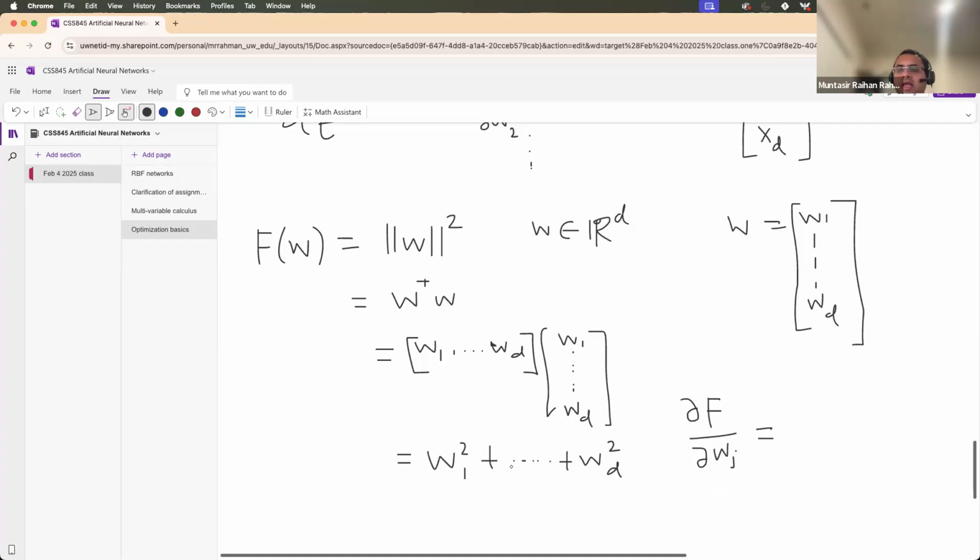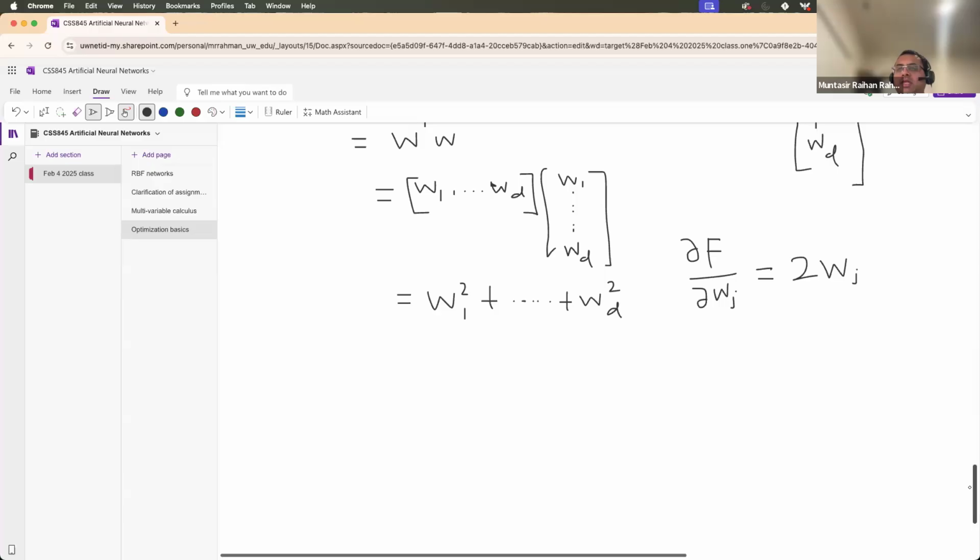If I take any one of these, like let's say W2, the only term that's going to survive is W2 square, and everything else is going to be 0. Then you take the derivative of that, you get twice W2. So if I take with respect to Wj, this should be 2 times Wj. Hope this is clear.